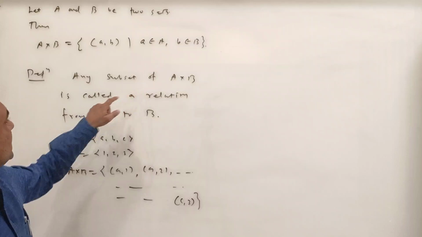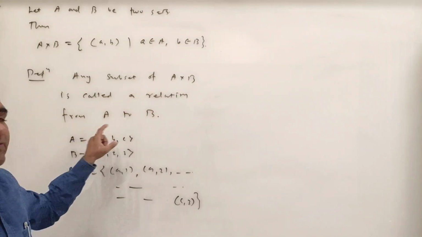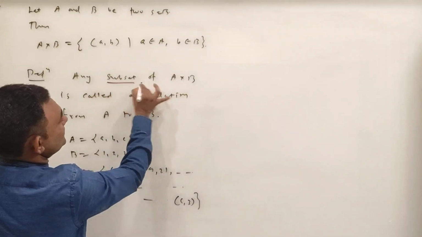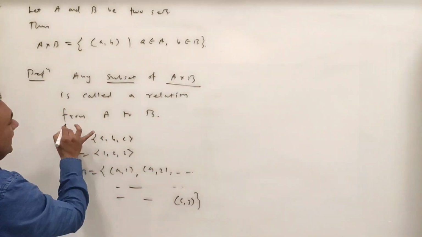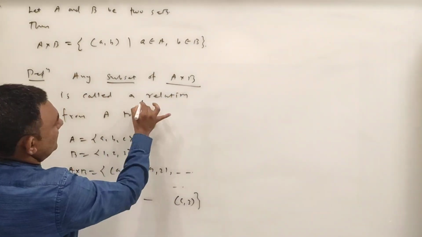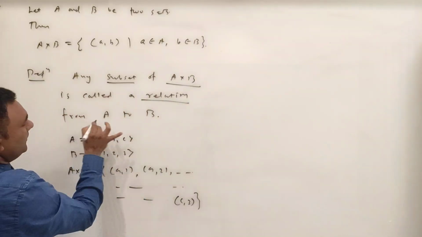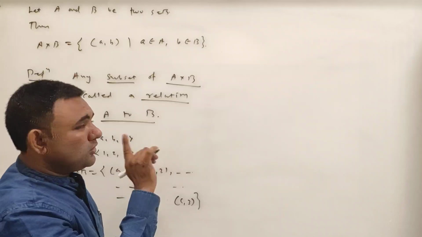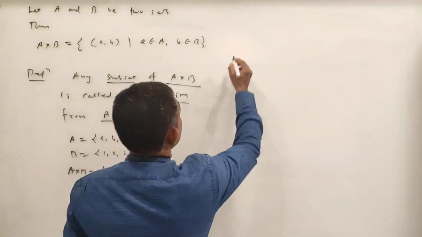Now any subset of A cross B is called a relation from A to B. See here, you are considering a subset of A cross B, then the relation is from A to B. So in the definition you have some direction. The direction is what?